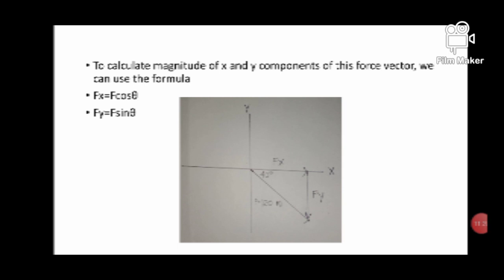And then we put the 120 newtons, we plot it, and then let's put the x and y components of the vector and the angle, which is 40 degrees.